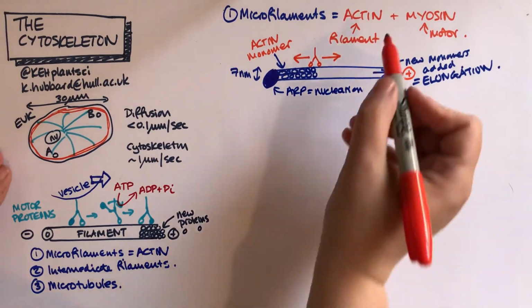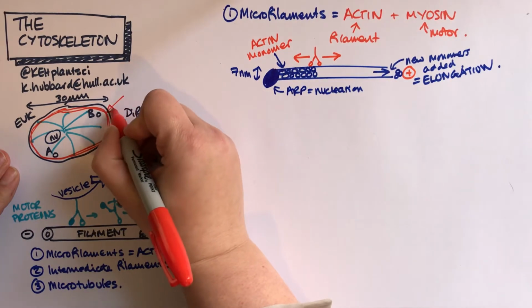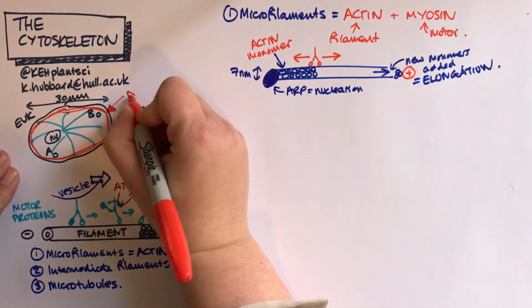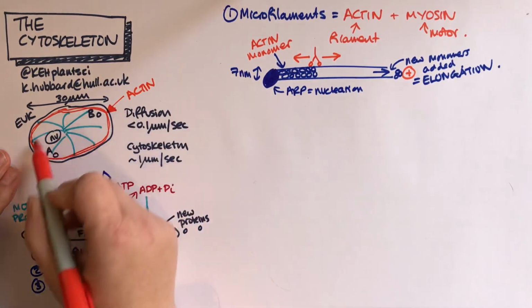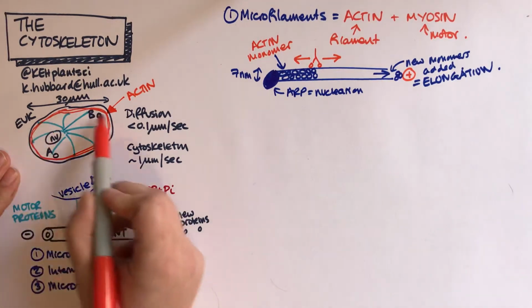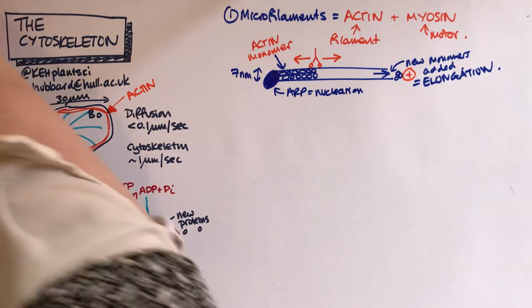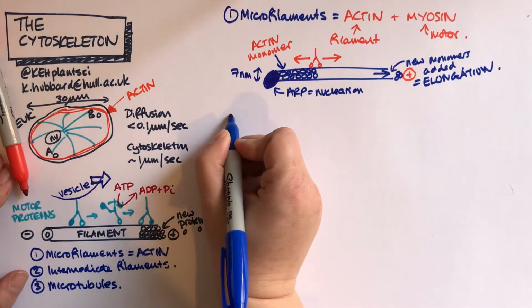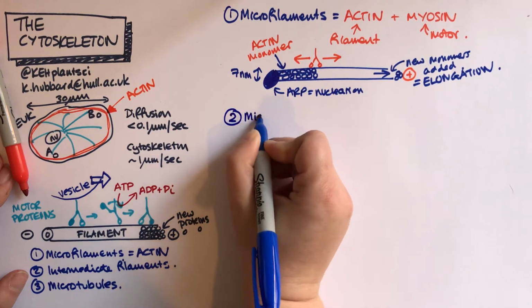And typically, in a lot of cells, we mostly find actin in that network just underneath the cell membrane. It's not always there, but in a lot of cells, you've got a lot of actin just underneath the cell membrane to help organise membrane processes. So that's our actin and myosin system. The other system is the microtubules.